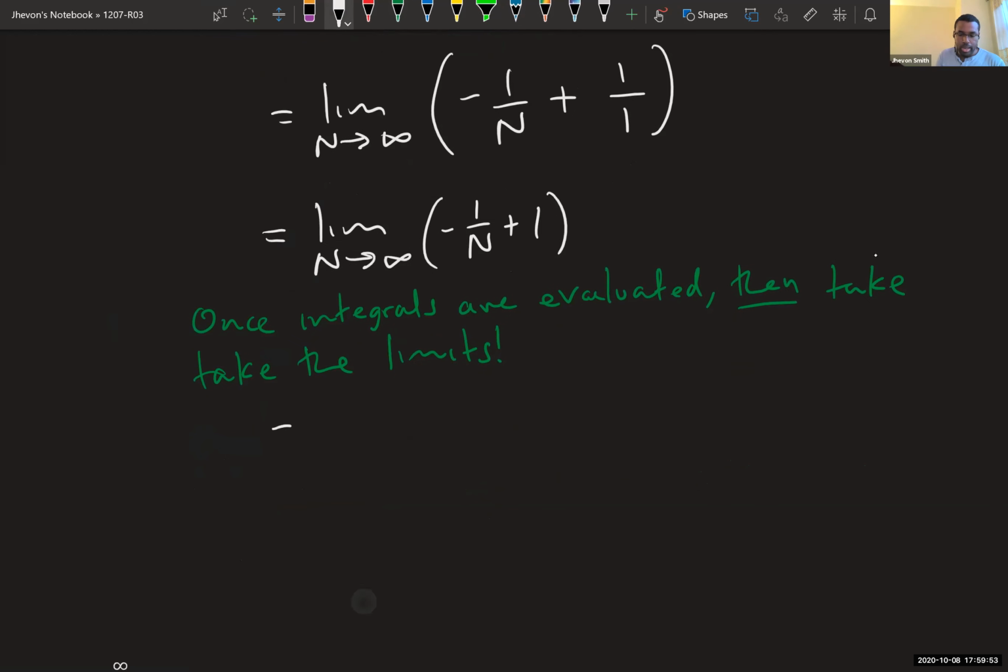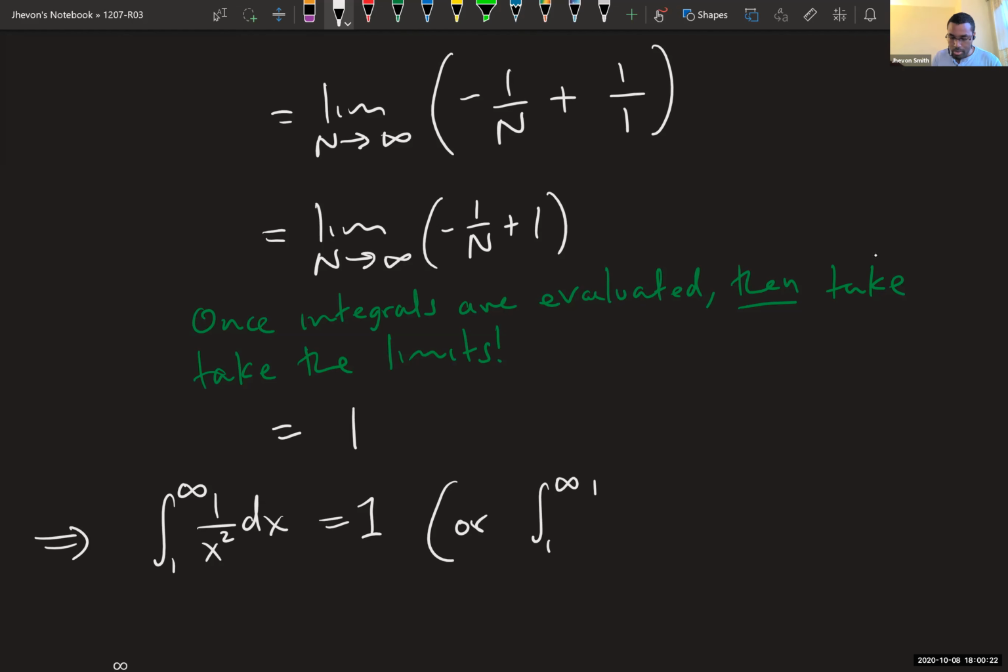This limit, as n goes to infinity of minus 1 over n plus 1, is 1. So the integral from 1 to infinity of 1 over x squared dx is 1. The language you would use is that the integral from 1 to infinity of 1 over x squared dx converges to 1.